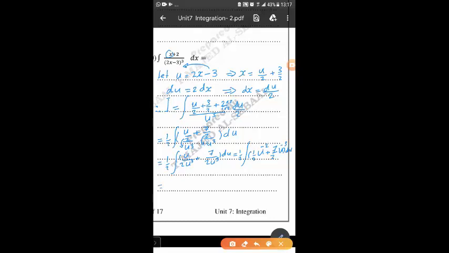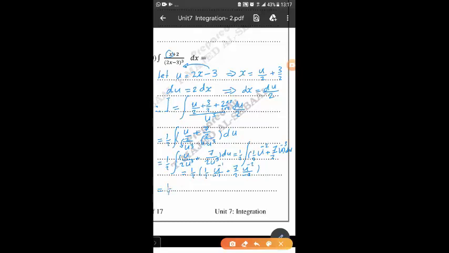It is easy now. It is ready. That equals, I think I will need to write it here, the bracket: u to the negative 1 over negative 1, plus 7 over 2 times u to the negative 2 over negative 2, right?